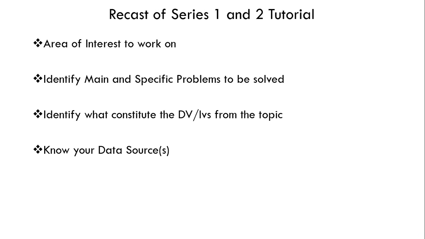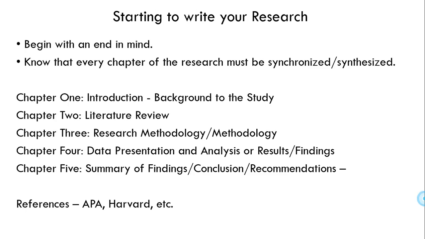And having said that, we also agreed that you should determine how you intend to source your data before you even think of getting started with your research study. So having said that, we cited practical examples in the last two tutorials, and today we're going to be looking at starting to write your research.